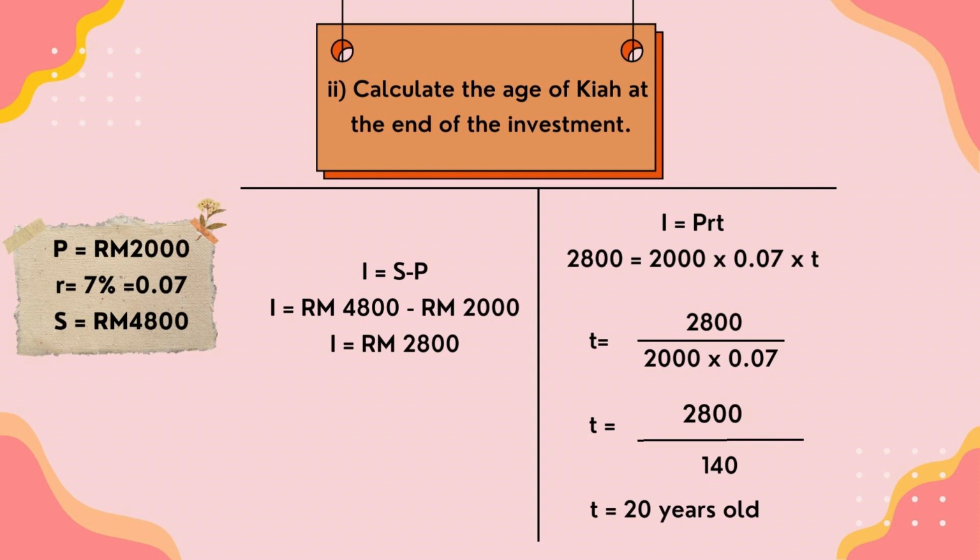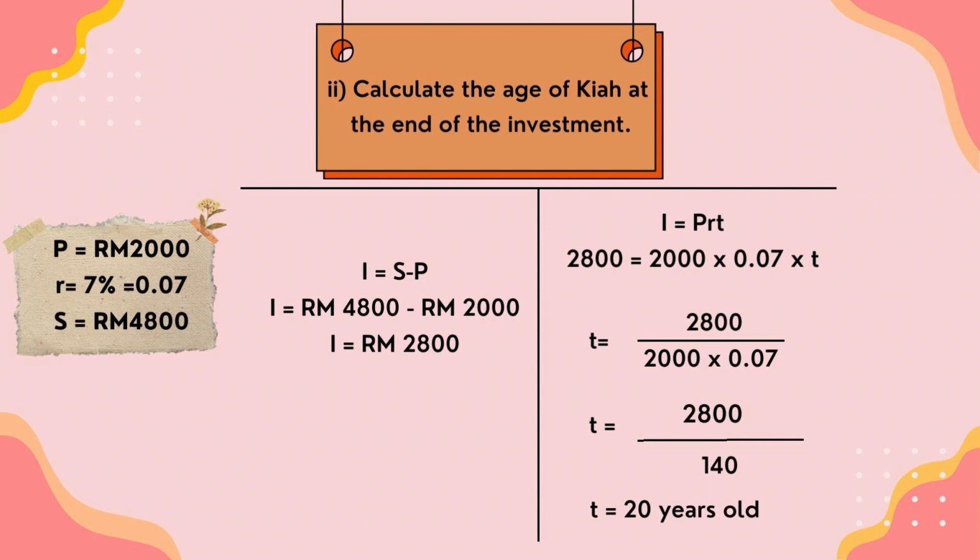Secondly, you will need to find T. I have written down the formula that we will need to find T. That is I equals P times R times T. Then list down the needed points and it should be 2800 equals 2000 times 0.07 times T. We will need to move T to the left and 2800 to the right. 2800 will be converted to divide and then you can start calculating.